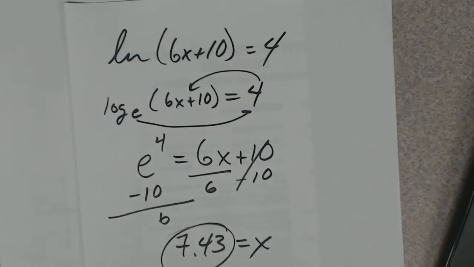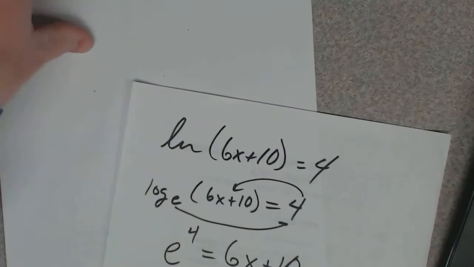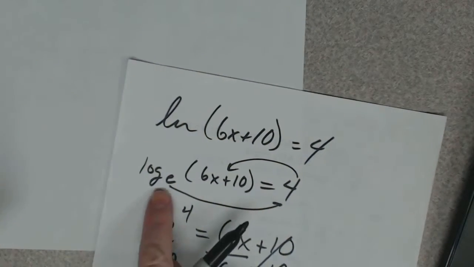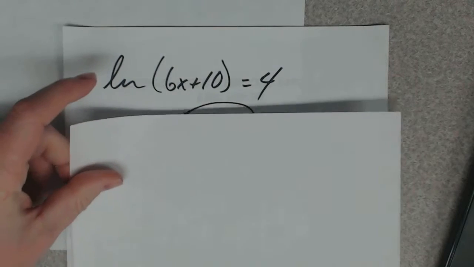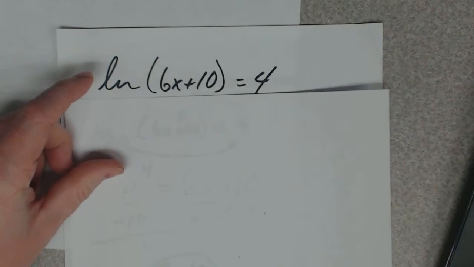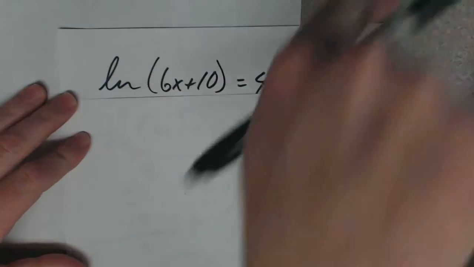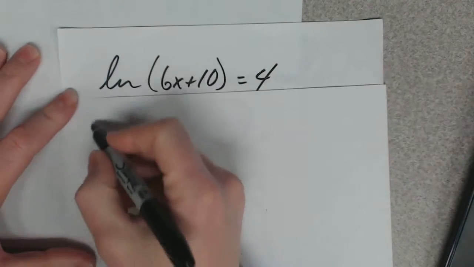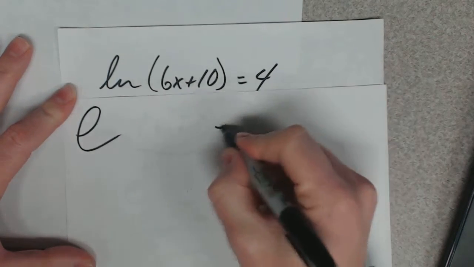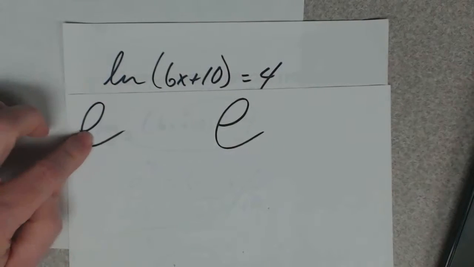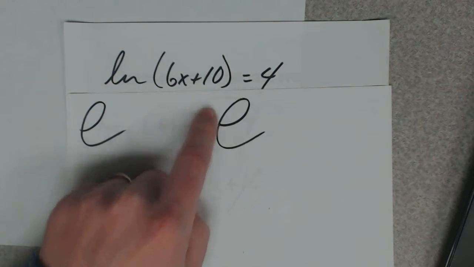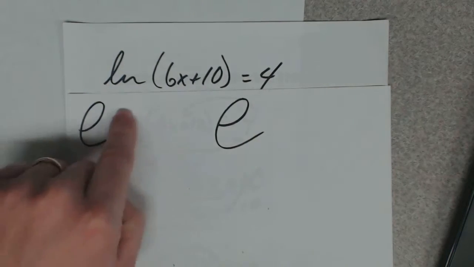Alright, 7.43. Now here's what I've seen some people do before. Instead of rewriting this as log base e, they'll say, well, I'm going to kill off the e. I'm going to raise both of these as a power of e. So e to the ln 6x plus 10, e to the 4th. Essentially it does the same thing.